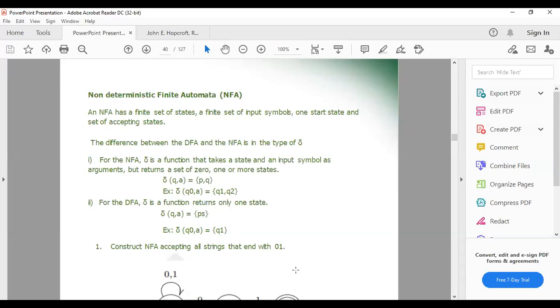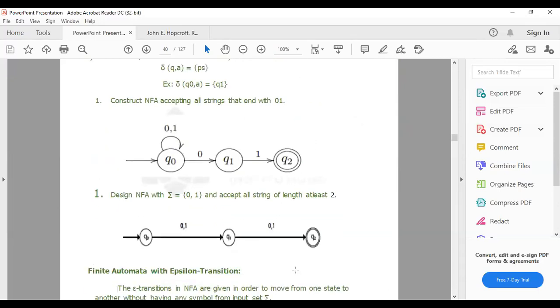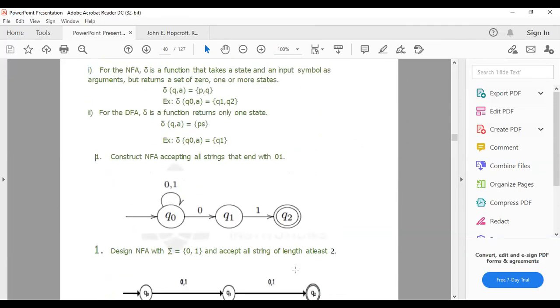NFA. Here the difference is mentioned. And construction of NFA, we know, right? Accepting all strings that end with 0 1. Here they gave 0 1, so the minimum length is 2. So we have to go with 3 states, 2 plus 1. So Q0, Q1, Q2.